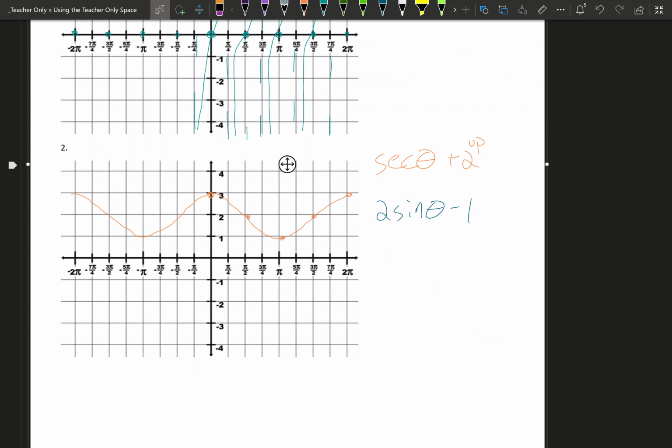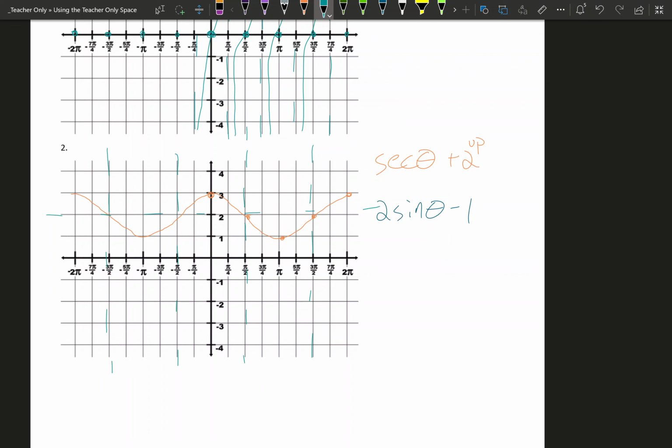And then secant is going to have asymptotes everywhere that cosine is equal to 0. However, we're looking at this from a what is the 0 line, which in this case it's been moved up to. So everywhere that cosine is equal to 2 in this graph, secant is going to have a vertical asymptote.